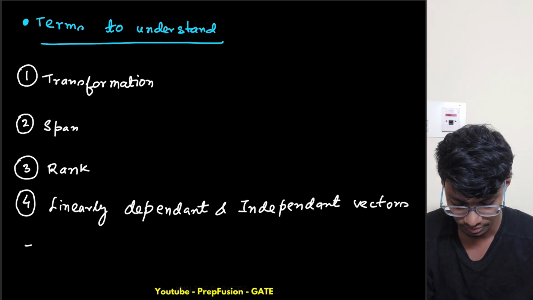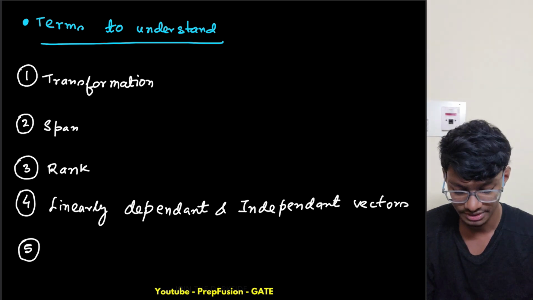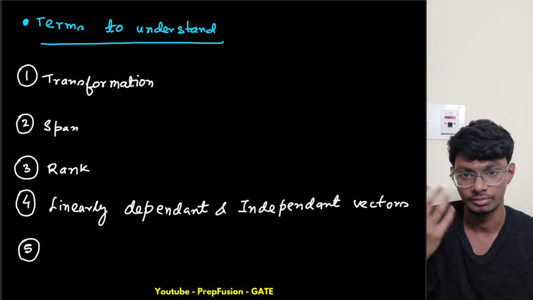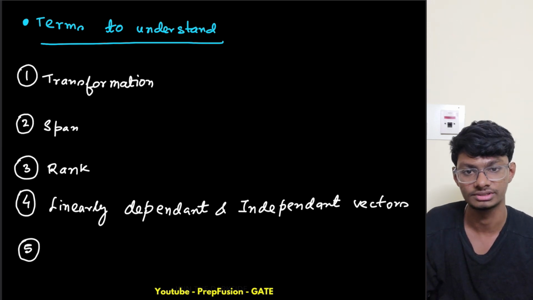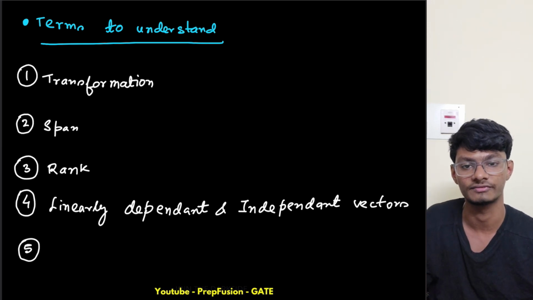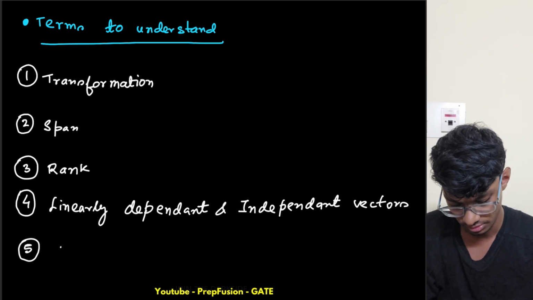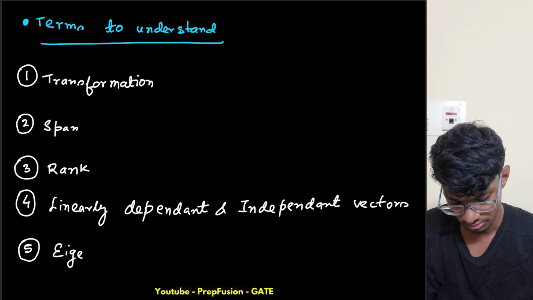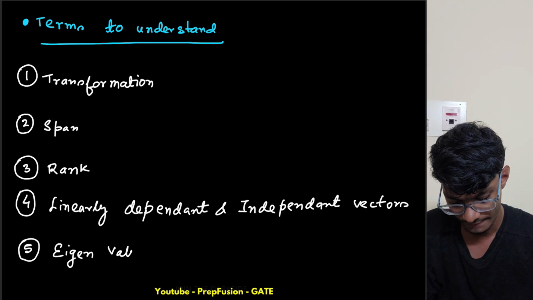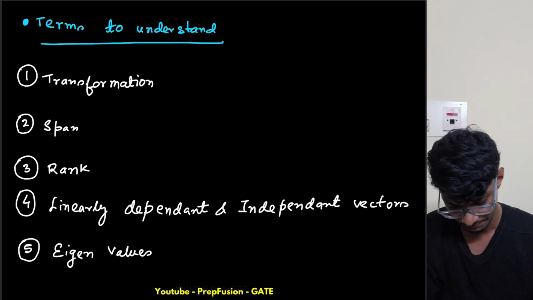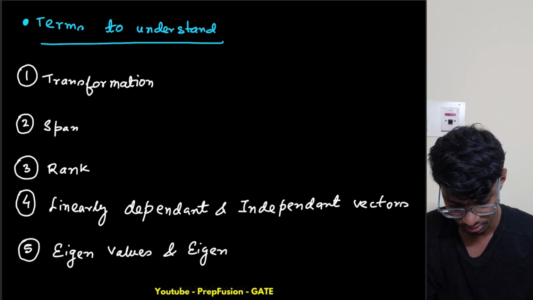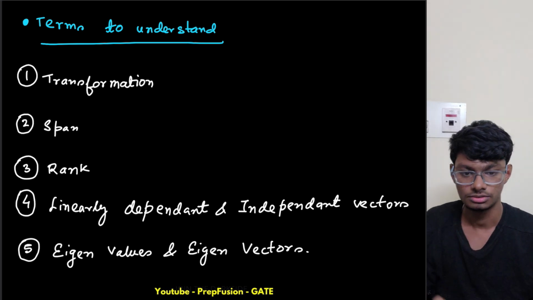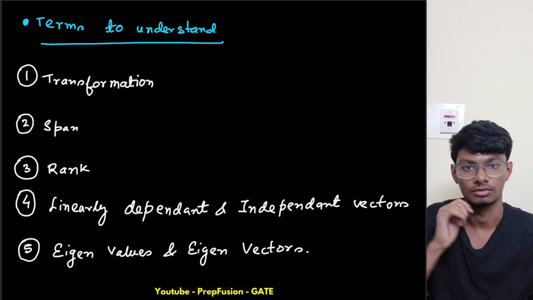And fifth is basically again coming back to the end stage, that is eigenvalues and eigenvectors. After learning all about these terms, we'll understand what we mean by eigenvalues and eigenvectors. So all these terms we'll learn.